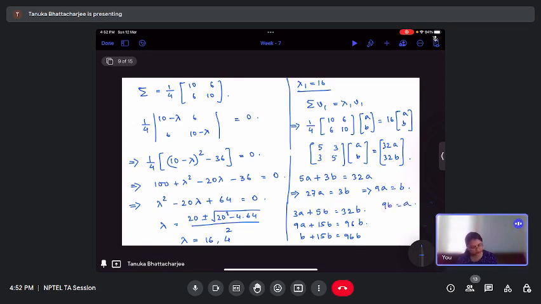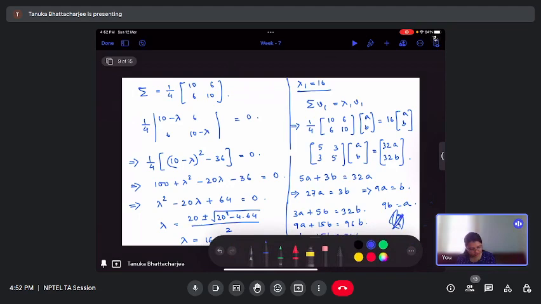Yeah, but if we are considering that particular equation, based on that we can find the value of A and B. Yeah, but no, that answer is not correct.